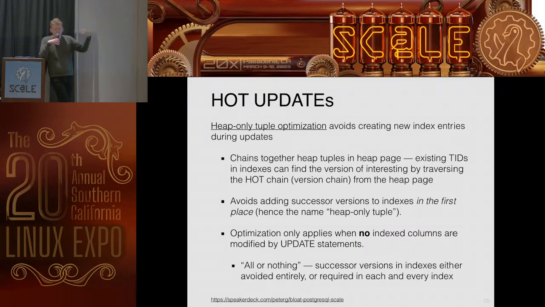So you go to the root of the hot chain, and then through that you go to the heap-only tuple. Because it's only pointing to the original TID, there's nothing to break. Of course, this could only work if your updates don't change any indexed column. It's kind of an all or nothing thing, in the sense that it doesn't matter if it's only one indexed column. If you've got 10 indexes, each and every index will require a successor version. This is traditionally kind of the Achilles heel of hot.